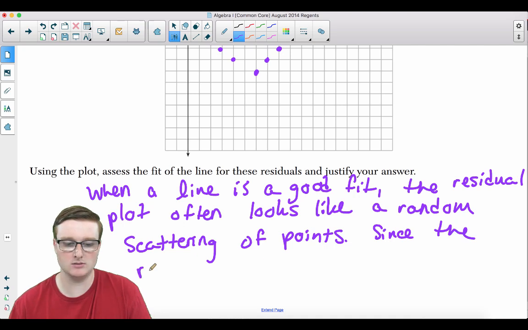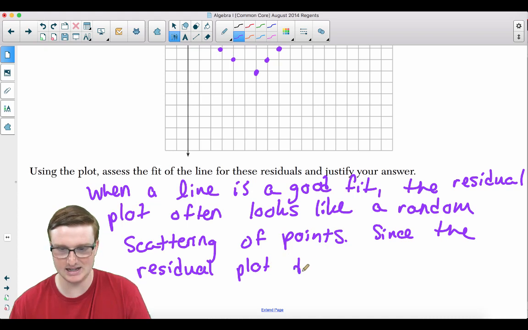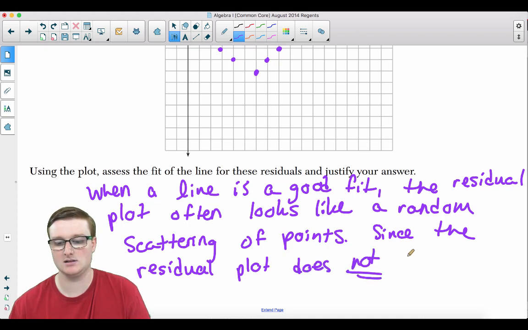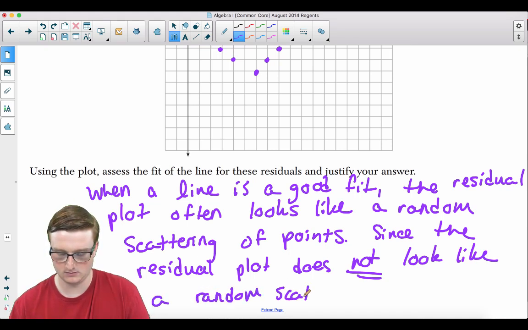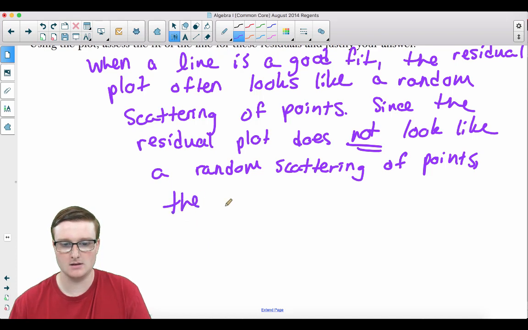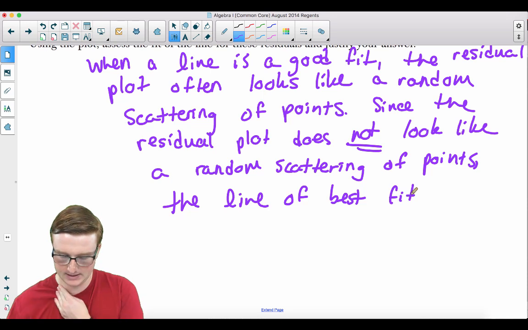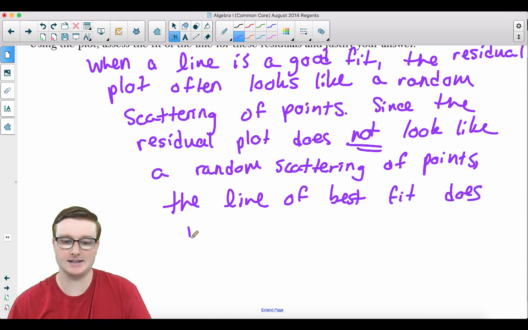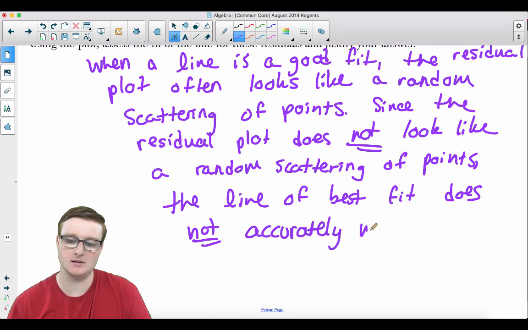Since the residual plot does not look like a random scattering of points, the line of best fit does not accurately model the data.